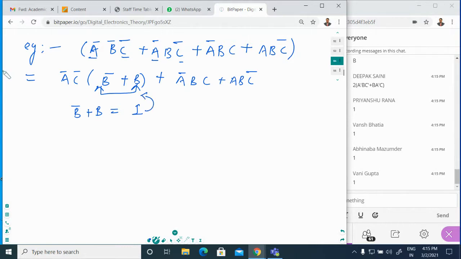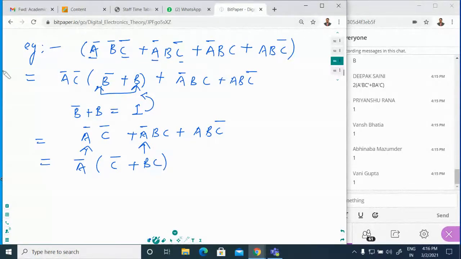So how will you get your next value? A bar into C bar plus A bar B C plus A B C bar, taking a common factor. You will take A bar common, then you will get C bar plus BC.